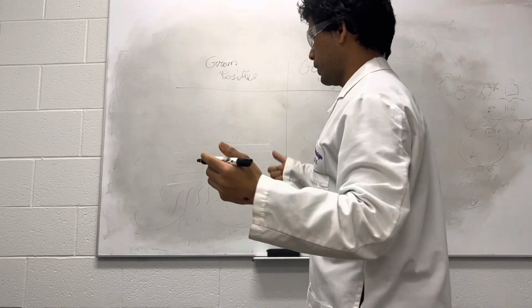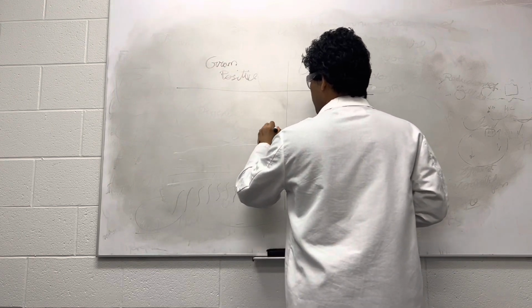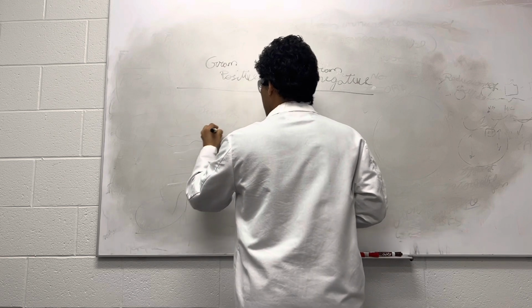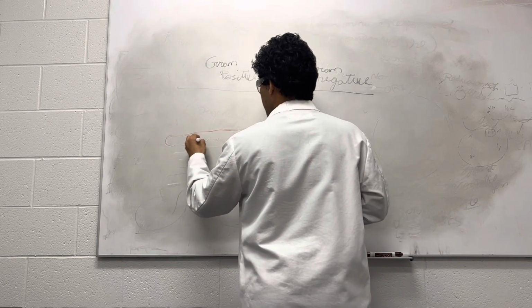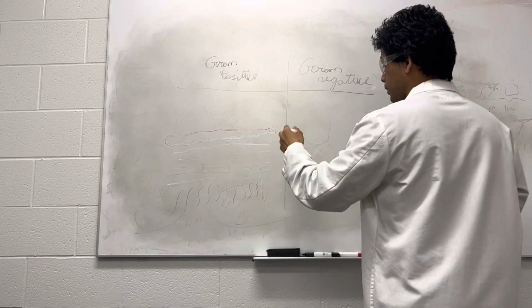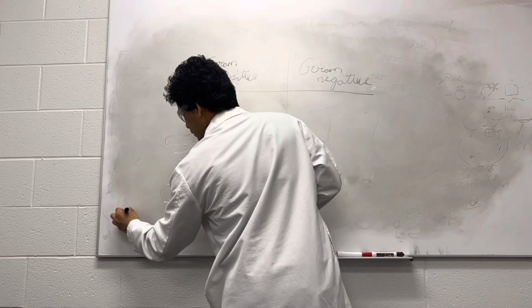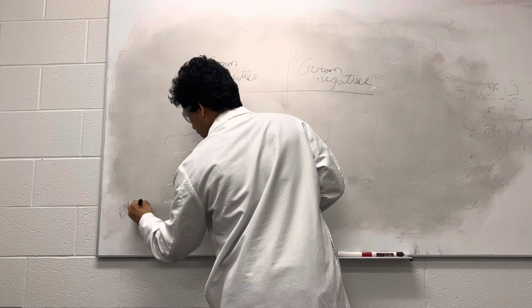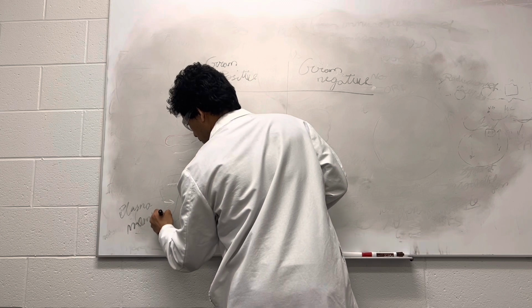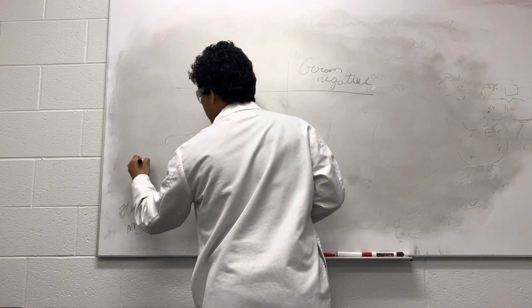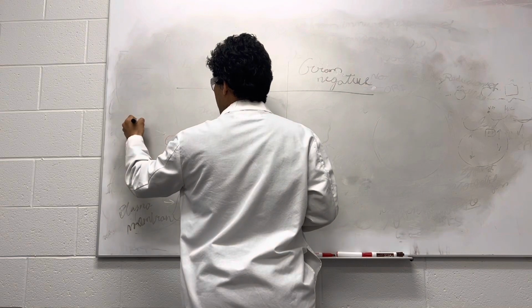After that, there is another layer that is called the capsule. So: plasma membrane, thick cell wall, and this is the capsule.